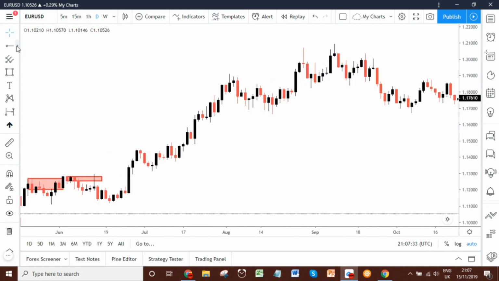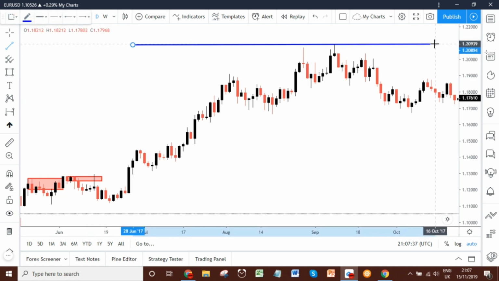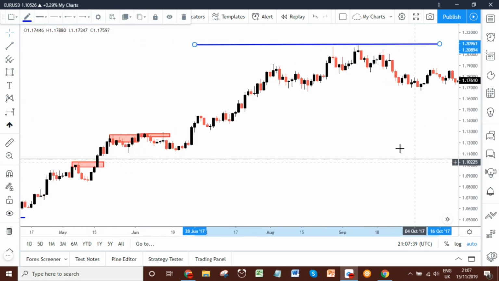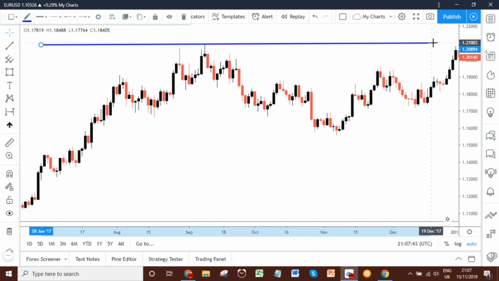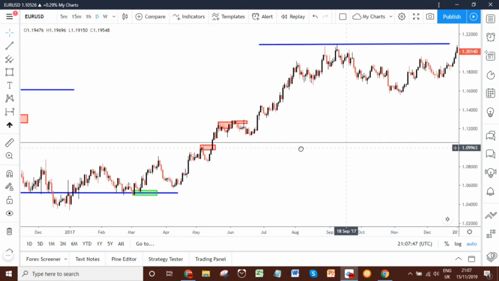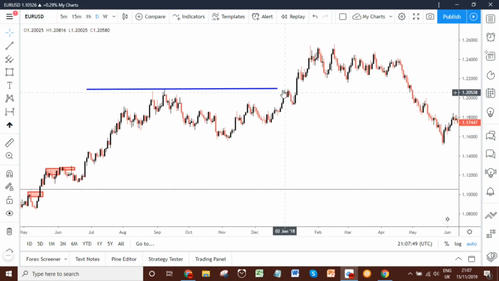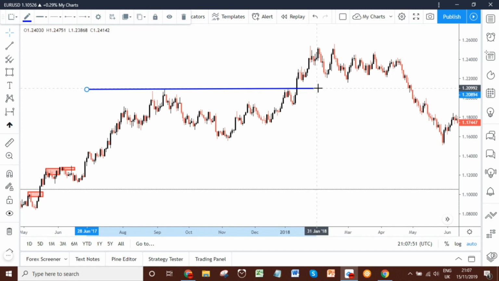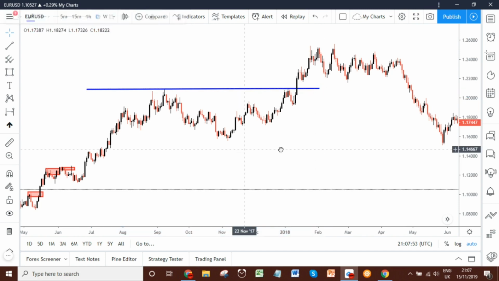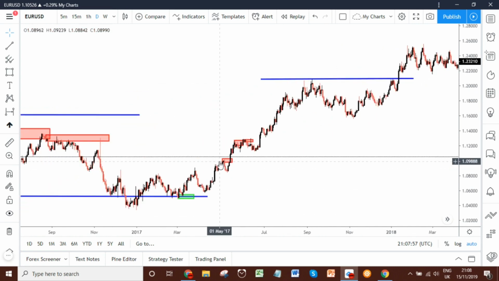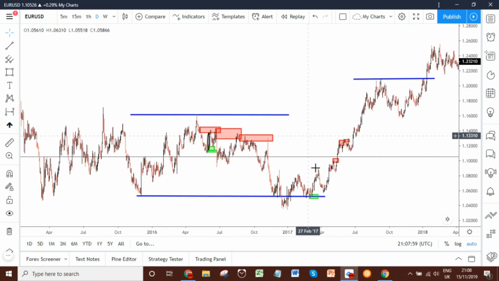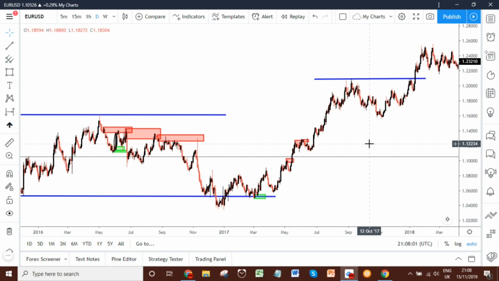So let's just get another trend line out. Let's move this across, even further. All right, so now we start getting to the highs, new highs. There's a previous high. We start getting into new highs now.